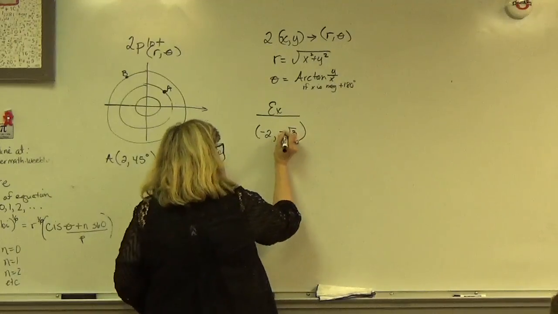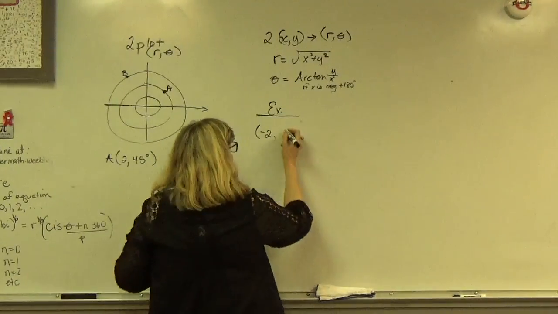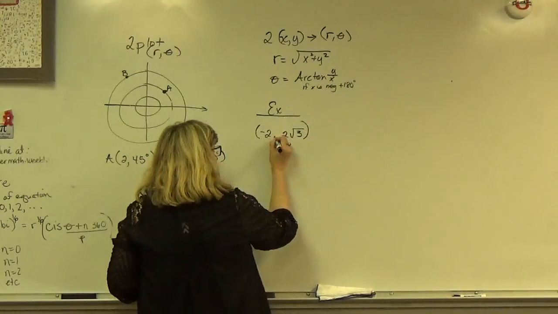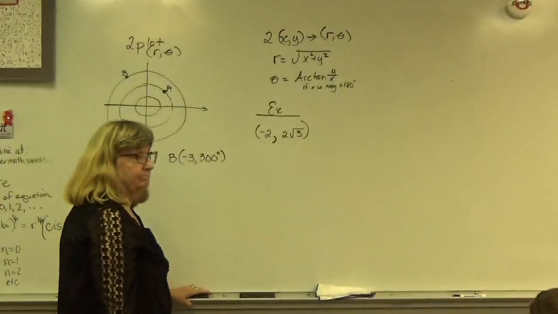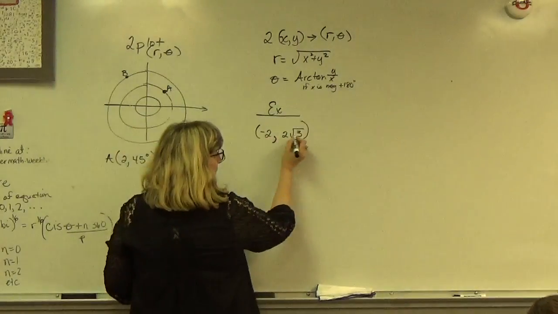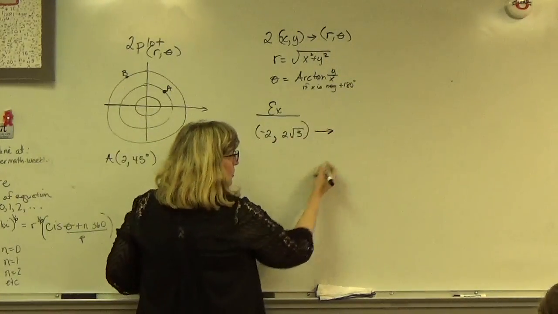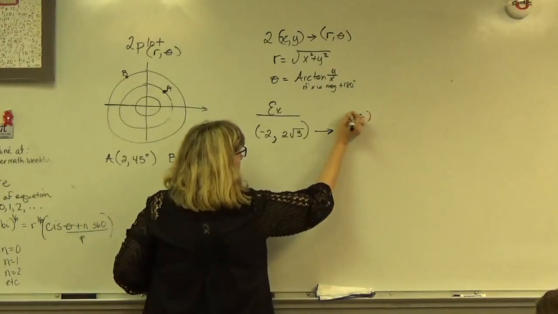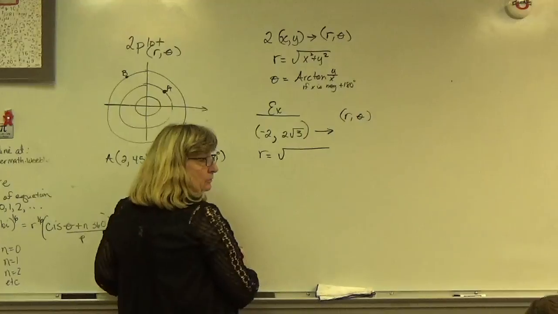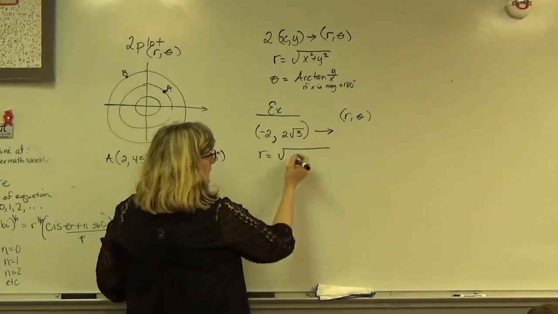Let me put a number in front of this one. Okay, so this is x and this is y, and we want to change it to polar form. So r equals the square root of, what's my x? -2.